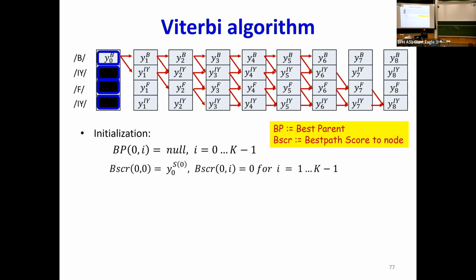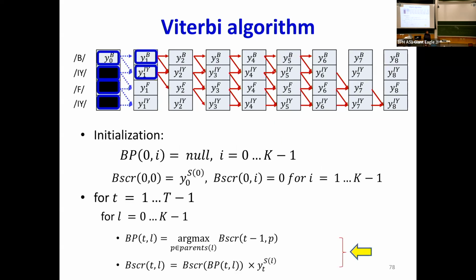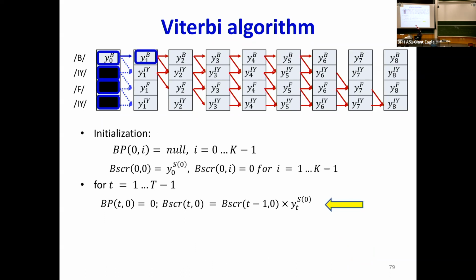And then I can go forward one column at a time. And so at this column, for each of these nodes, I'm going to find out who the best parent is. Which parent has the highest probability? For the top guy, of course, there's only one parent. So the best parent is simply going to be the 0th row itself. And the best path score is simply going to be the extension of the best path score to the best parent by multiplying in the node score.